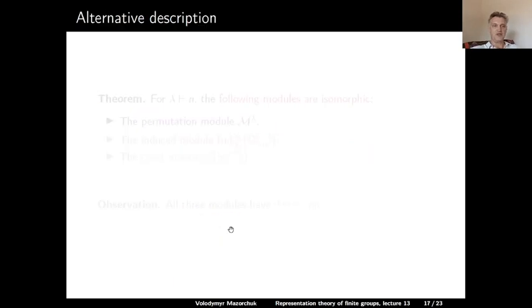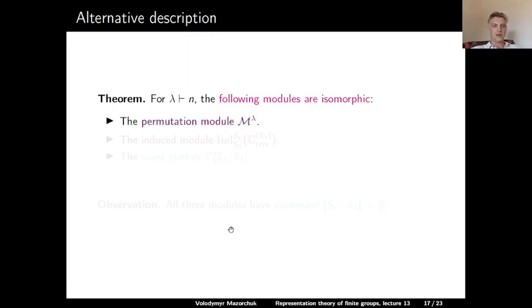Now let us give a general alternative description for permutation modules. Theorem: for any partition lambda of n, the following modules are isomorphic. Module 1 is the permutation module M lambda. Module 2 is the induced module, induction from S lambda to Sn of the trivial S lambda module.